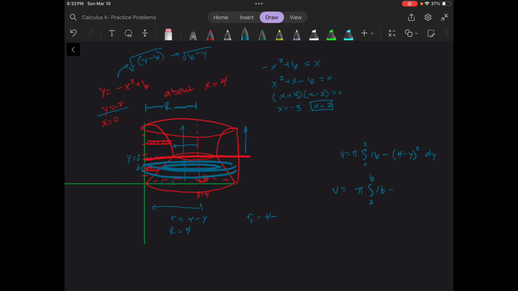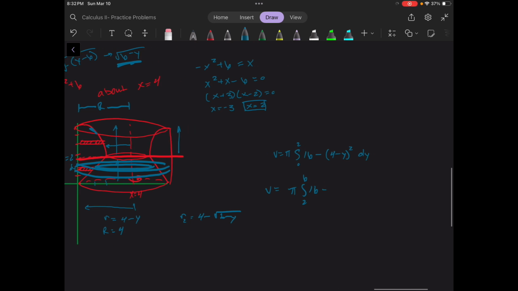Okay, then 4 minus, that is now our radius function, because the radius function stops here, but this is that function. So it's going to be 4 minus the square root of 6 minus y. Okay, that's the little r. The big R is still 4. So it's big R squared, 16, minus little r squared, 4 minus the square root of 6 minus y, squared, dy.